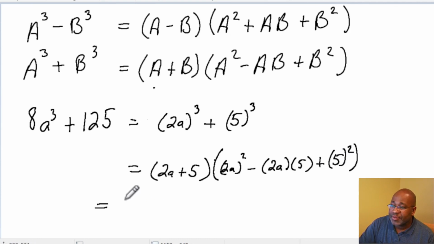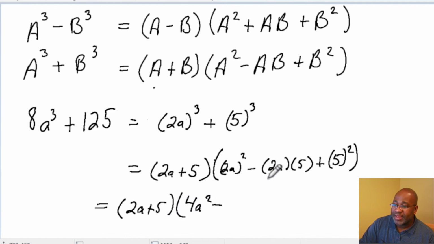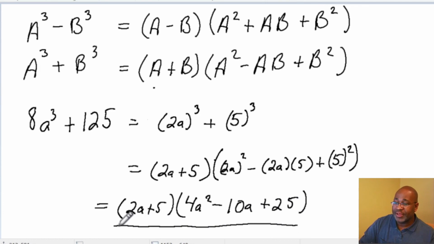When we clean up here, we have 2a plus 5 times, now 2a squared, that's going to be 4a squared, minus 2a times 5 is 10a, plus 5 squared, which is equal to 25. And so that's going to be the factored form here.